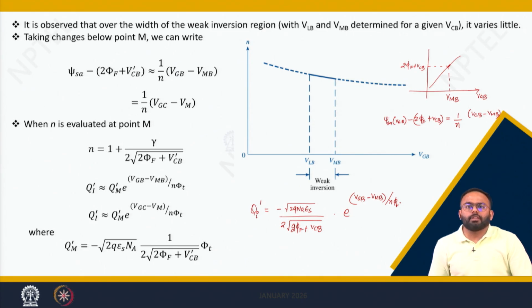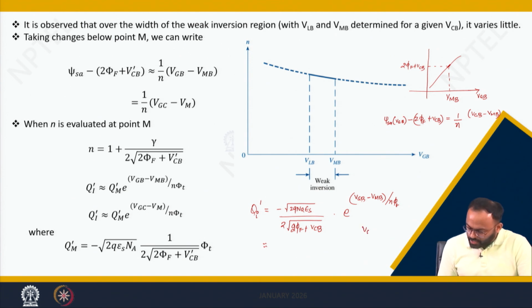This is the same as what we discussed in two terminal MOS. This can be simplified: for VGB equal to VMB, we get this factor to be 1, and hence we can rewrite Qi dash equals Qm dash into e to the power of VGB minus VMB over n times phi t.